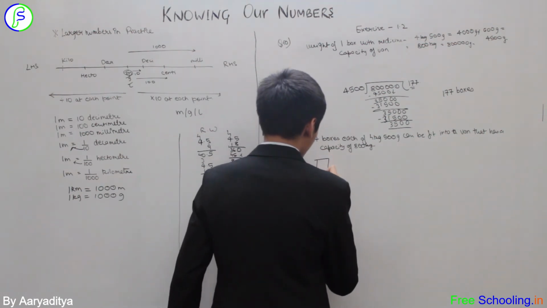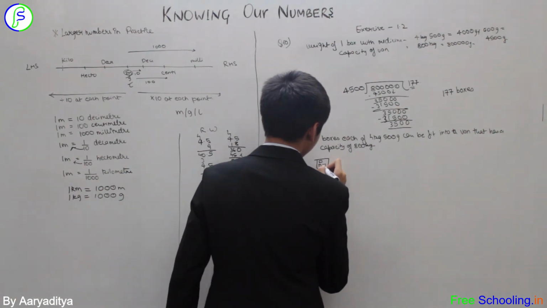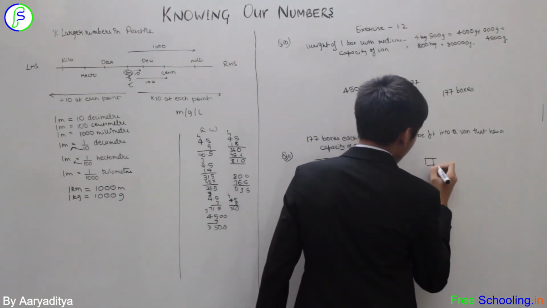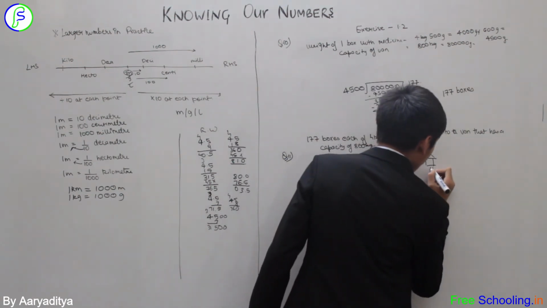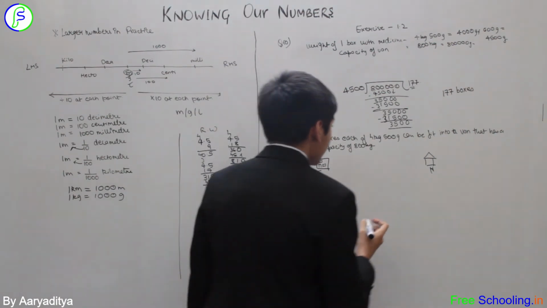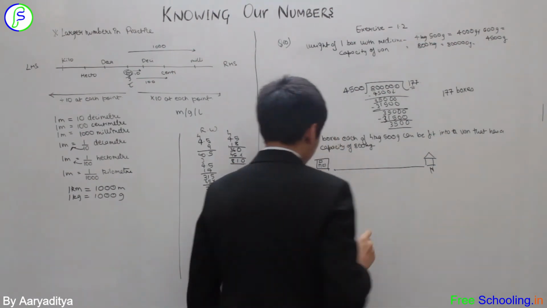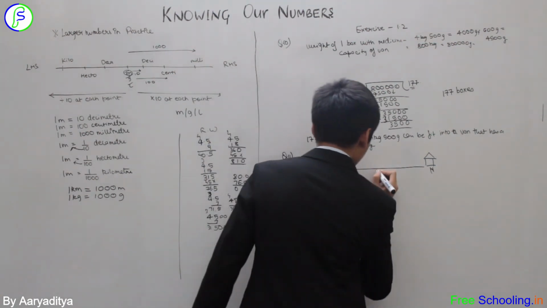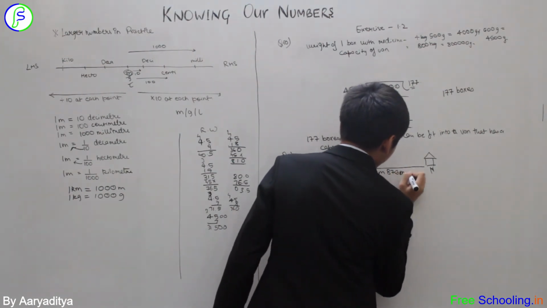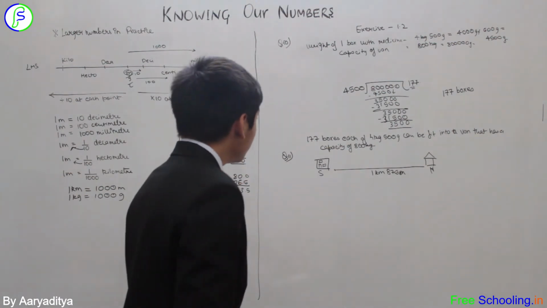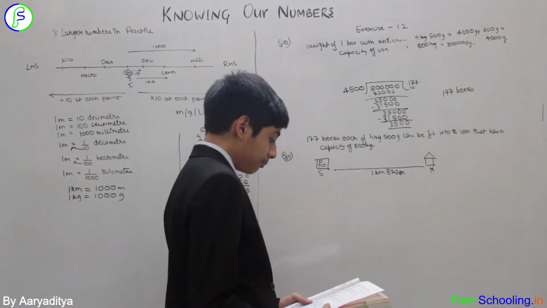Suppose this is a school. Now we can make some windows and an entrance, and this is her home. The question says that the distance between her home and the school is 1 kilometer 875 meter, and that the girl travels both sides.